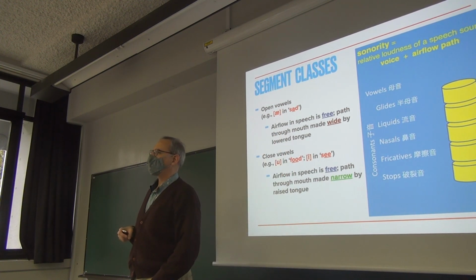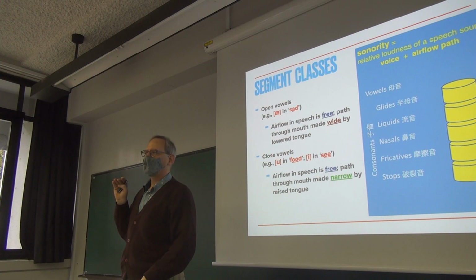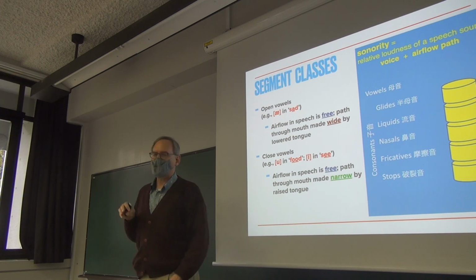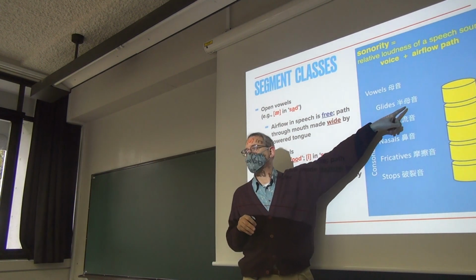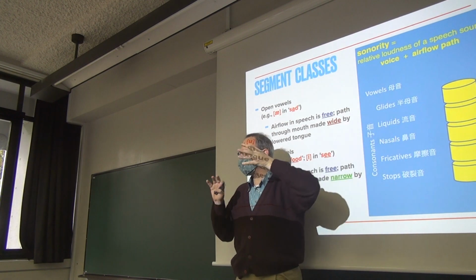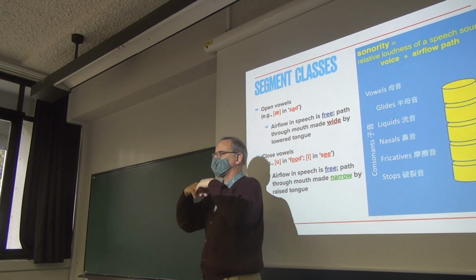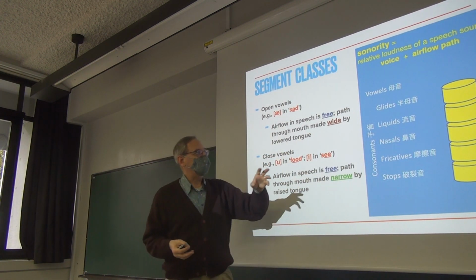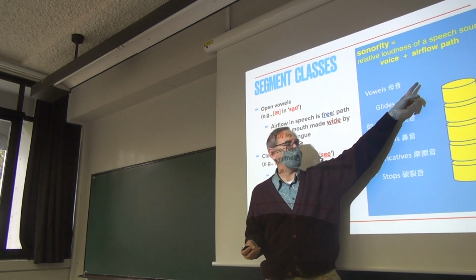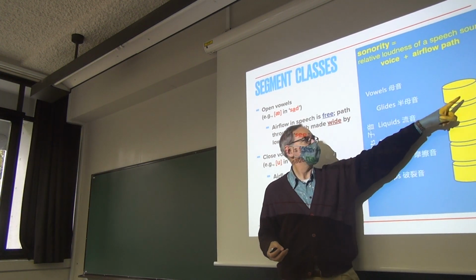Close vowels actually have less sonority than open vowels. Close vowels have the same degree of sonority as glides. So it gets a little confusing to use the word vowel. But generally, the term vowel for sonority really means open vowels.